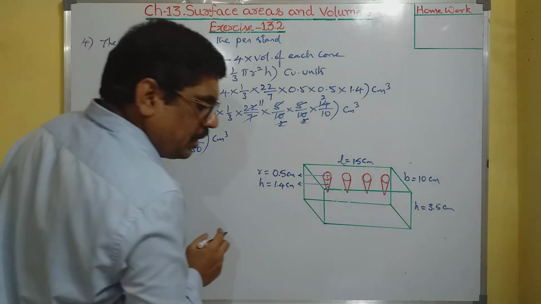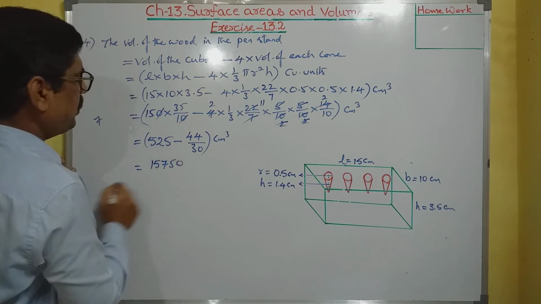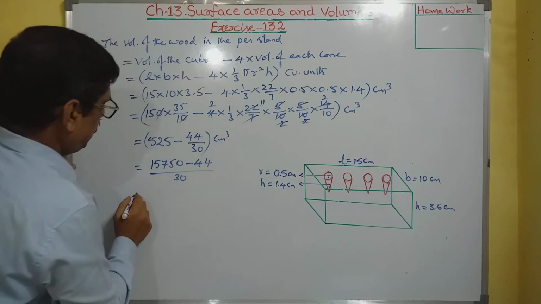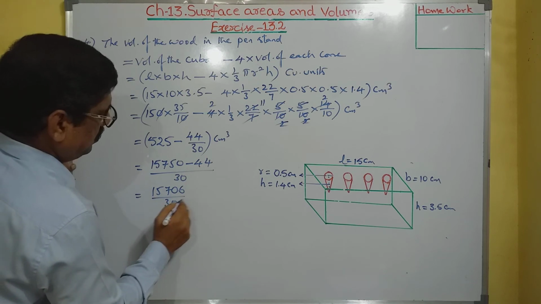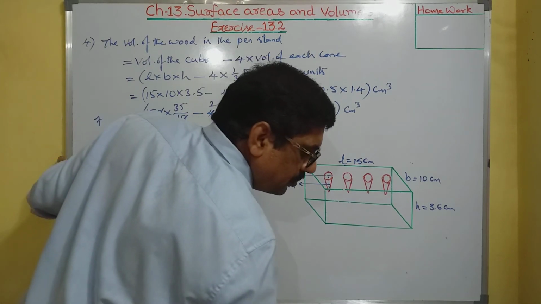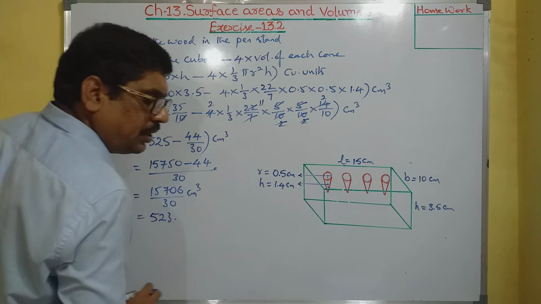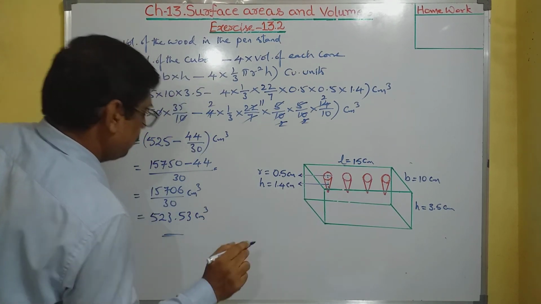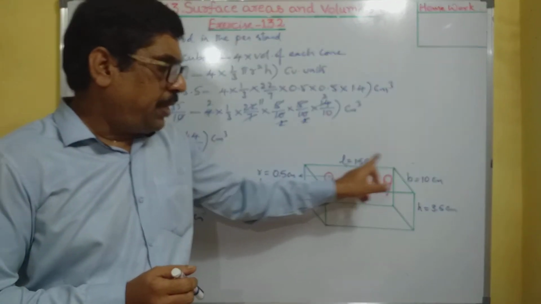Okay, here if you multiply you will get 30 into 525, 15,750 minus 44 by 30, we get 15706 by 30 centimeter cube. If you divide this, you will get 523.53 centimeter cube.